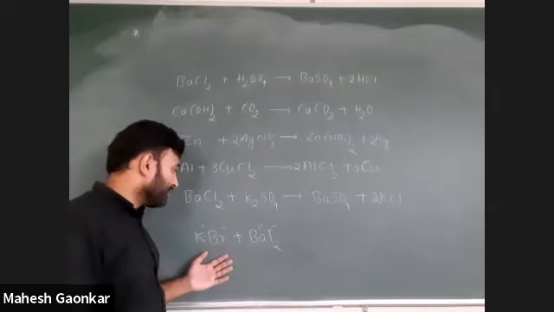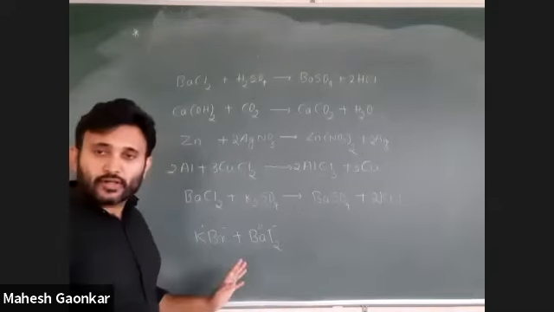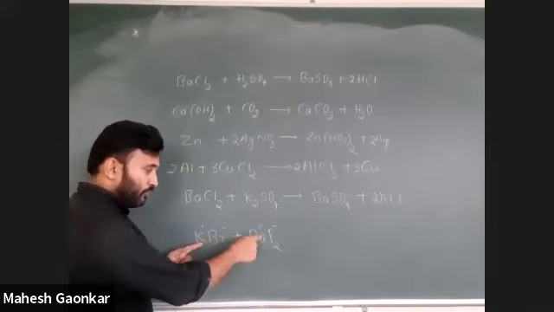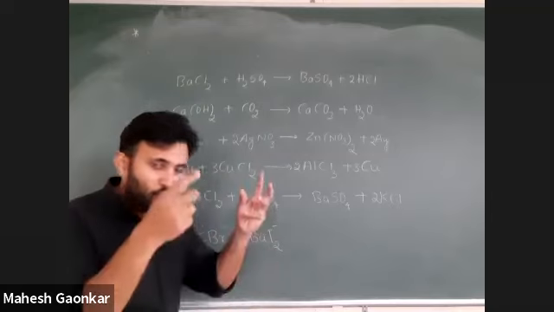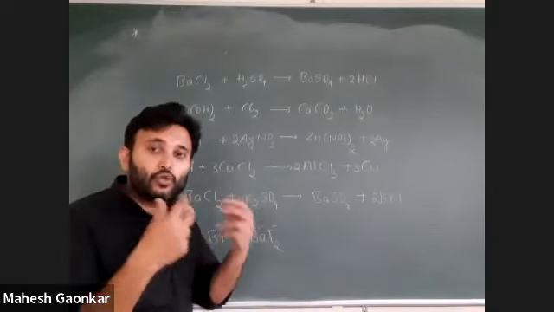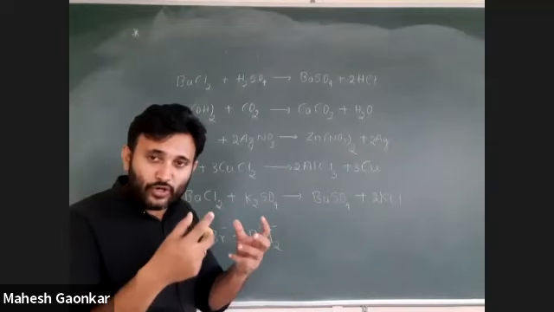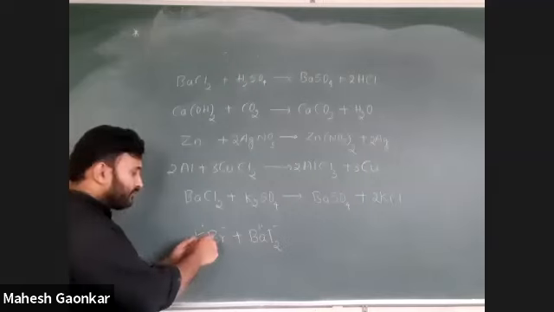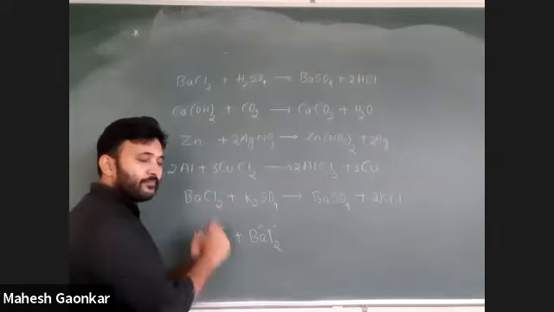It has to be a double displacement reaction because K plus and Ba2 plus are positively charged, right? Two positively charged ions cannot combine. So I minus should come with potassium and Br minus should go with barium.